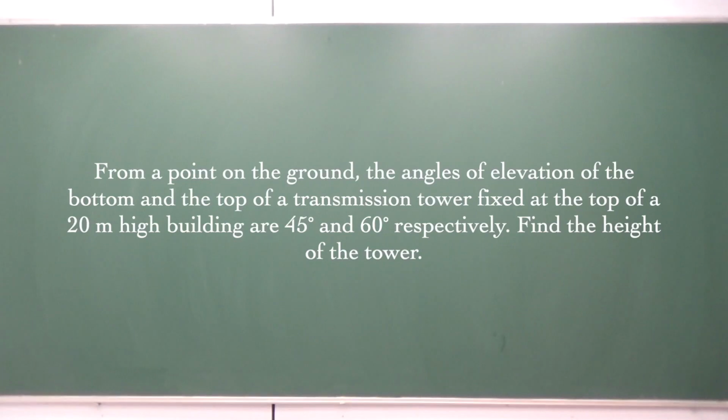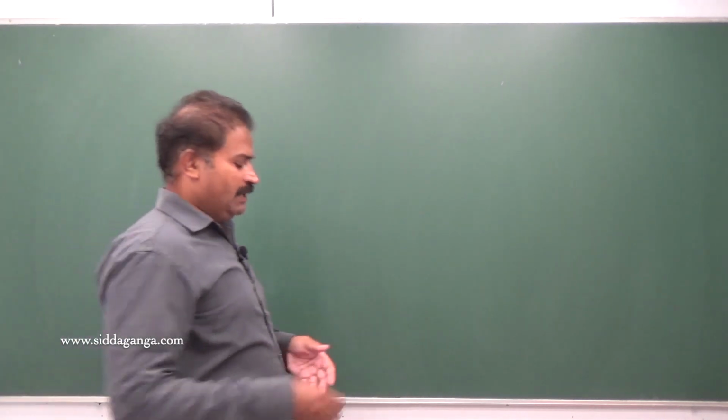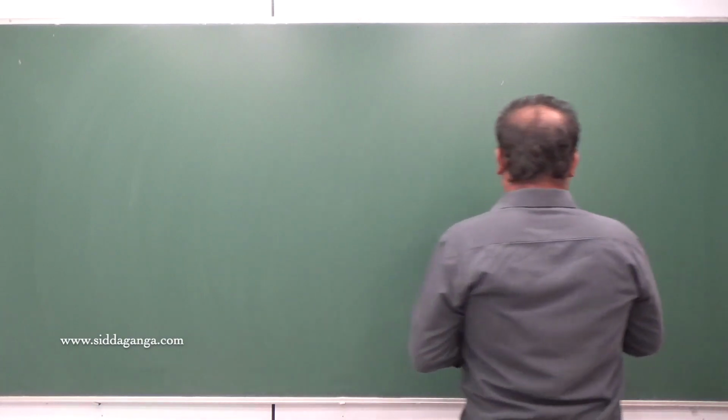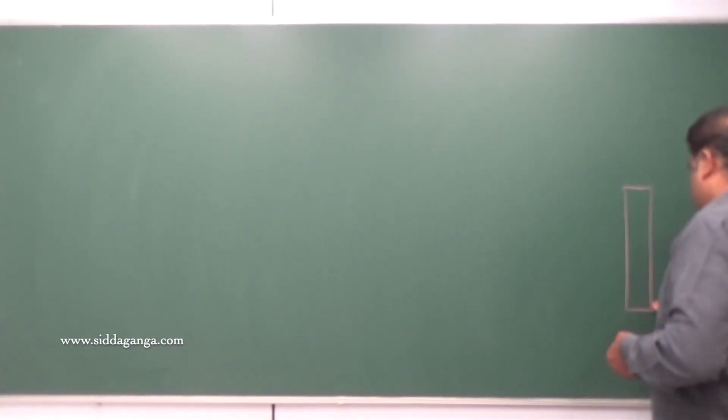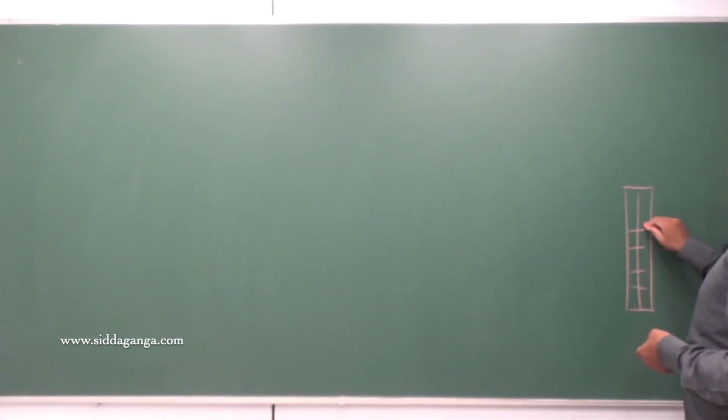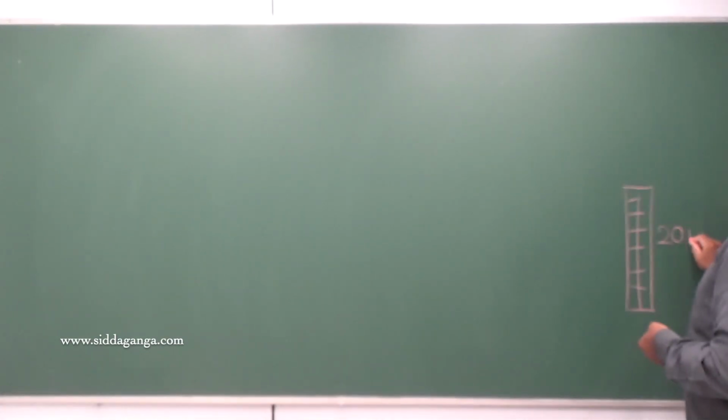From a point on the ground, the angles of elevation of the bottom and top of a transmission tower fixed at the top of a 20-meter high building are 45 degrees and 60 degrees respectively. Find the height of the tower. Now, you have a building and this building is 20 meters.